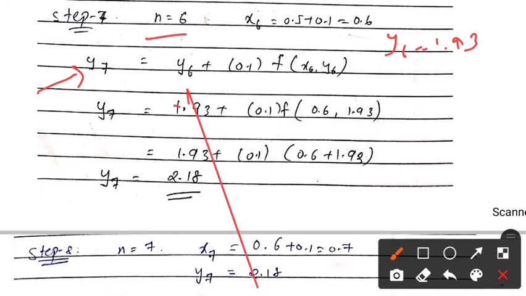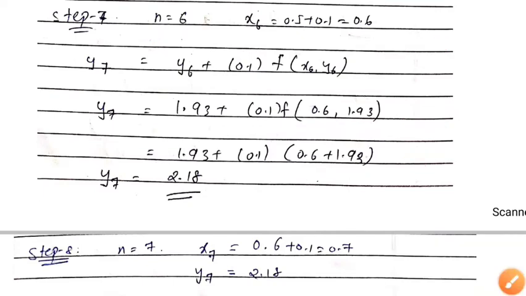Putting the values of y6 and x6 over here, you get the next step. Now we know that f of xy equal to x plus y. Solving this particular equation, you get y7 as 2.18.